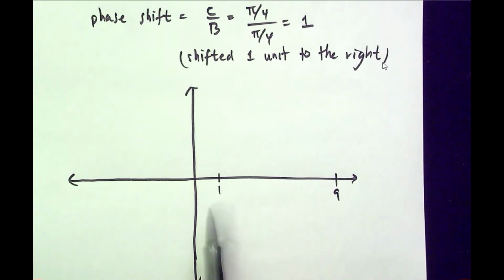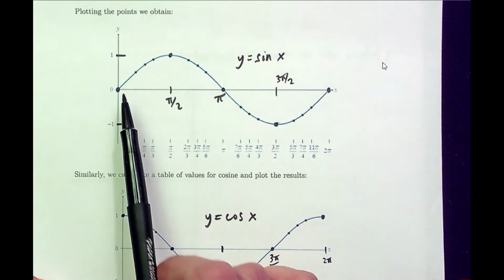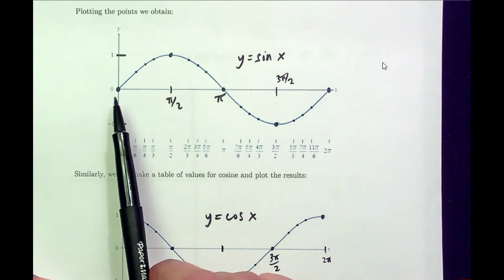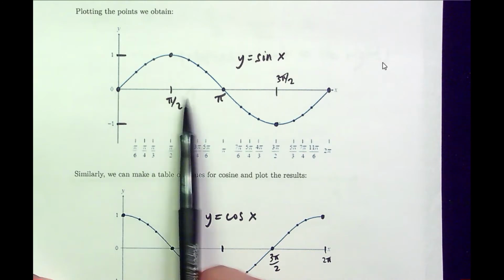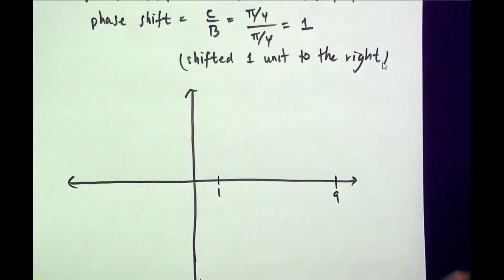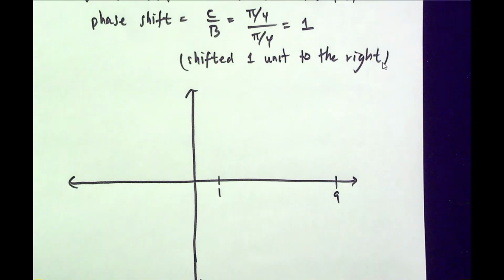So I know now where I begin, where I end. Next up, I need to divide my interval into 4 equal pieces. So how would you divide that into 4 equal pieces? Think about it for a second. You would have to go by how many units in order to divide it into 4 equal pieces?